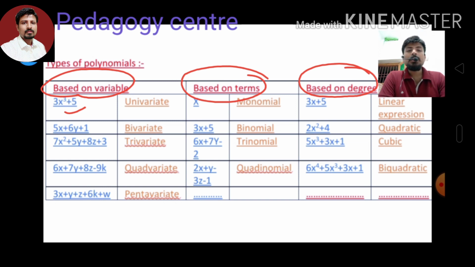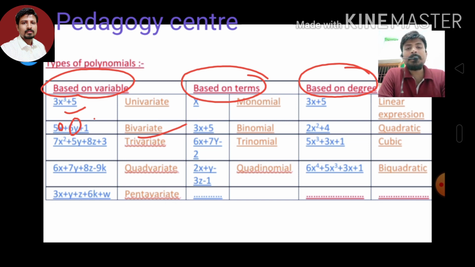Any expression which contains two variables is called bivariate. For example, 5x plus 6y plus 1 is an expression and contains two variables x and y. So it is a bivariate expression.